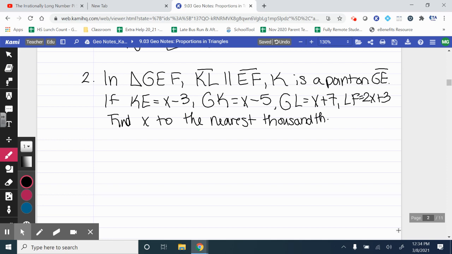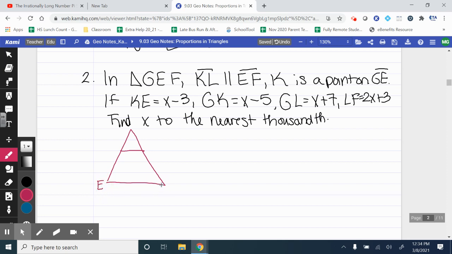All right, so first pause the video and draw a picture here. In your picture, we should have triangle GEF, and you have to be careful how you do this one because we know that we want KL to be parallel to EF.